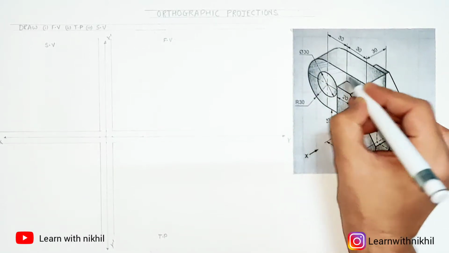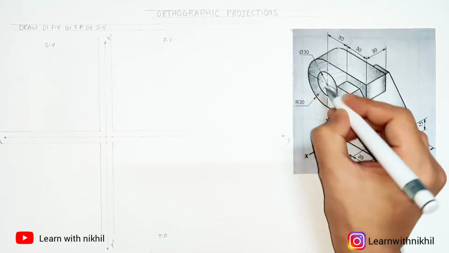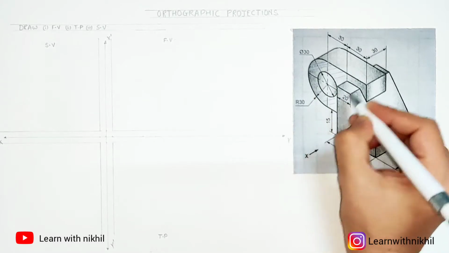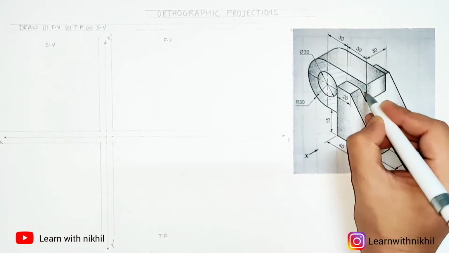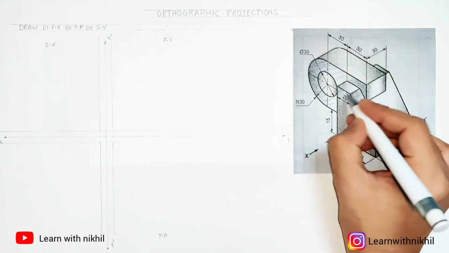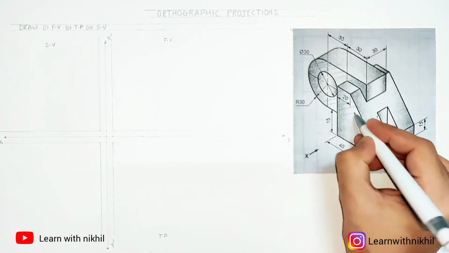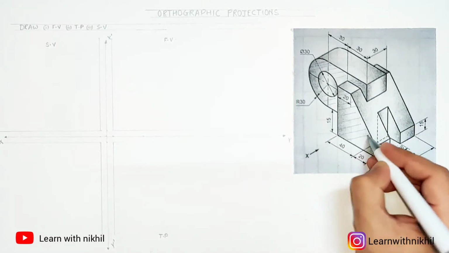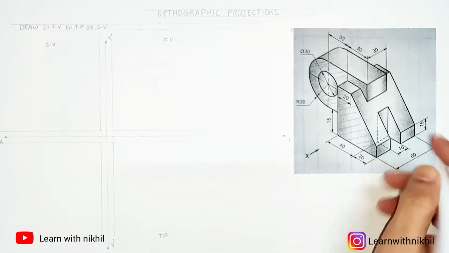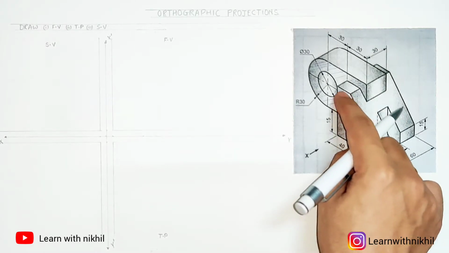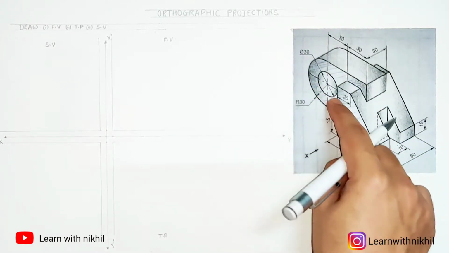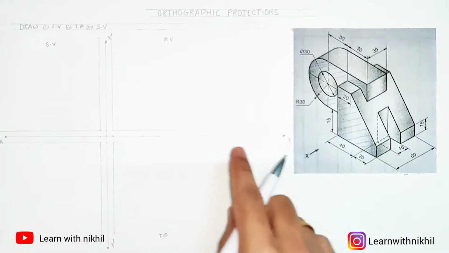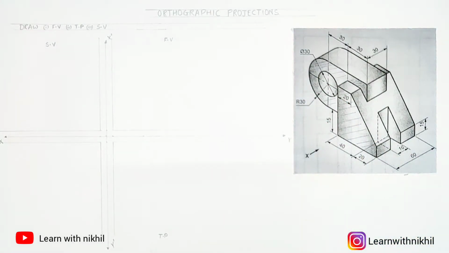So this whole semicircle block, this shape will be visible from the front view, which is marked in the arrow X. So this whole part is visible and we have a circle which is drilled till the end.